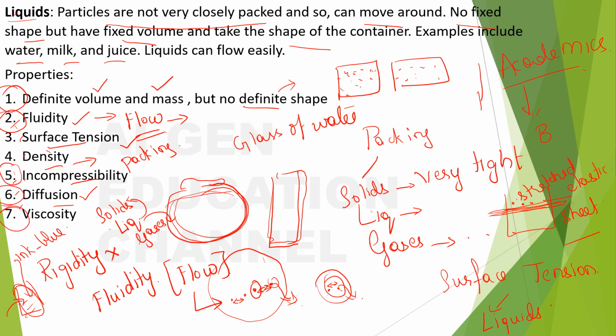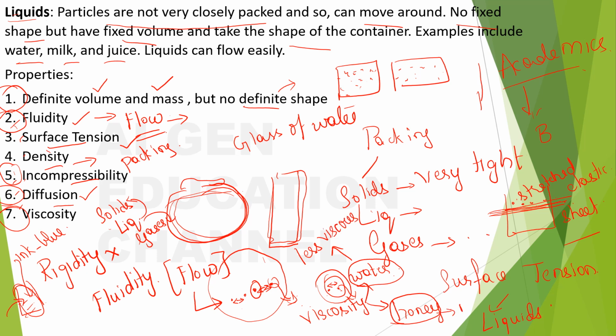And viscosity. Viscosity is related to the resistance of liquids. It is enough if you know that, and I'll just tell you one example. If you consider water and honey, you all know water can flow very easily, rather than honey. So it means that water is less viscous, or has less viscosity, and honey has more viscosity.